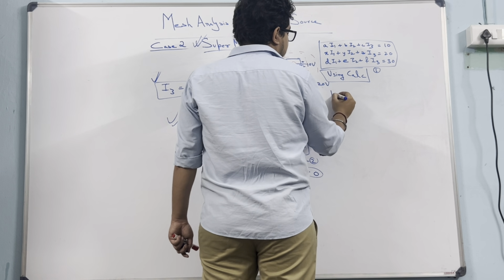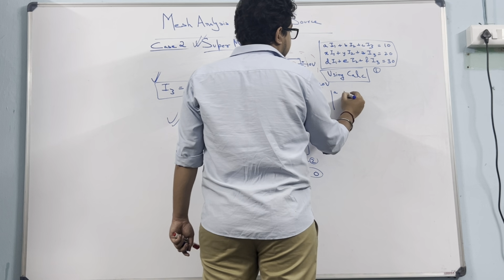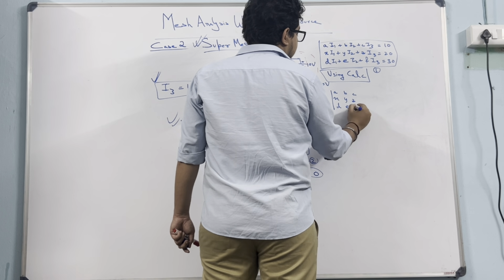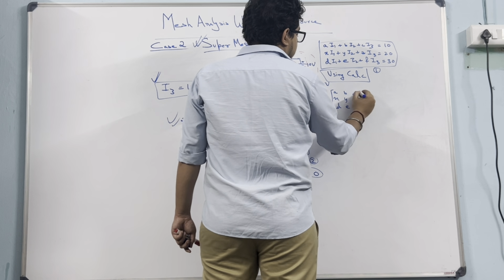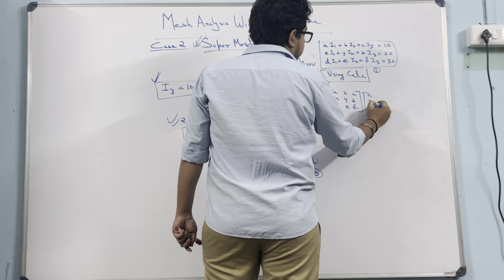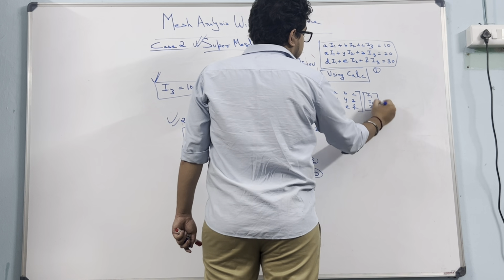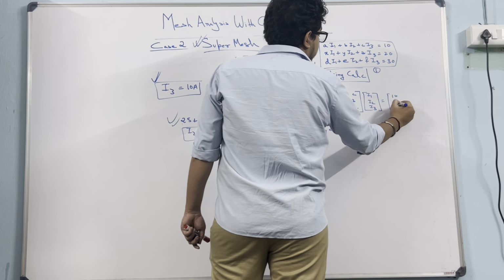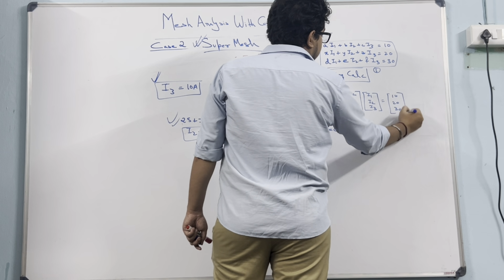This will be equal to A, B, C, X, Y, Z, D, E, F times I1, I2, I3 equal to 10, 20, 30.